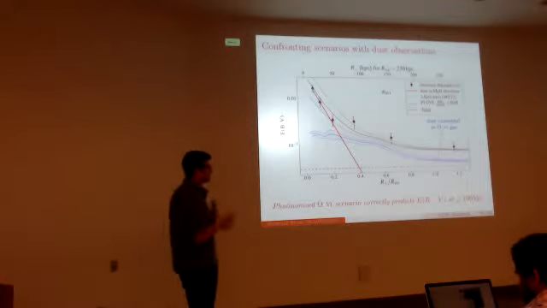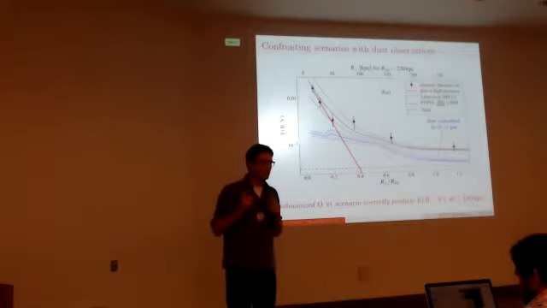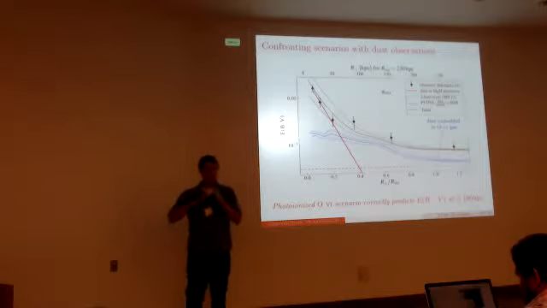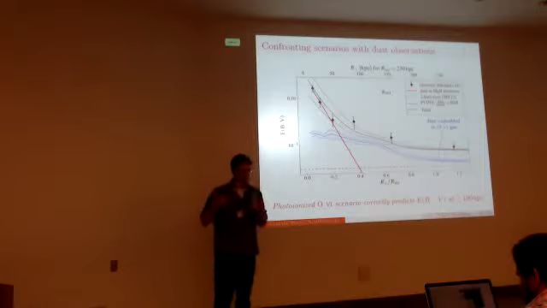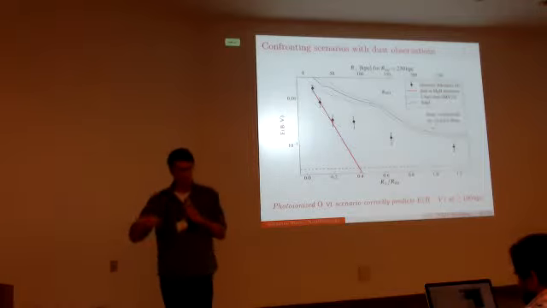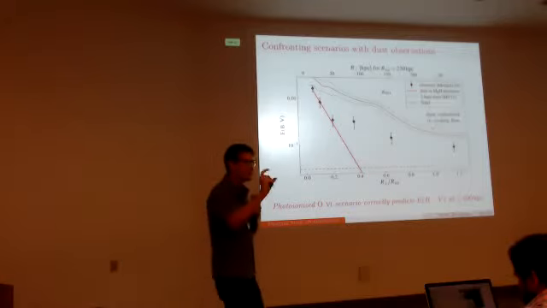But I want you to note that this assumption only makes sense in the context of the photoionized scenario, because in the photoionized scenario, the gas traced by O6 is all the gas that we have, or most of the mass of the gas in the outer CGM. If we believe that O6 is collisionally ionized, then the O6 is tracing only a small window of a much more massive cooling flow.